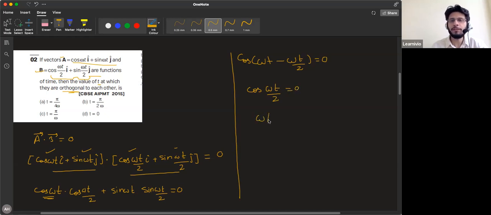So cos can be 0 if your angle is pi by 2. So we can equate it with pi by 2. This will cancel this term. Omega you can write as 2 pi by T into t, which is equal to pi. Pi will cancel this pi, and this t you can write as t by 2.